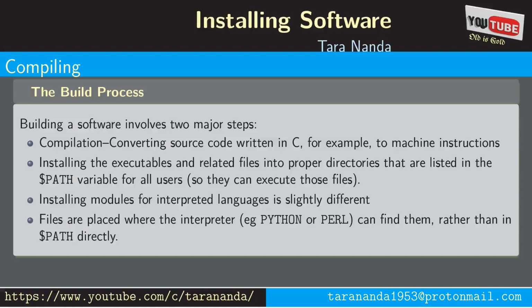Compilation means converting the source code written in a higher level language like C, for example, to machine instructions. That is, in a binary form which a machine, the processor, understands.